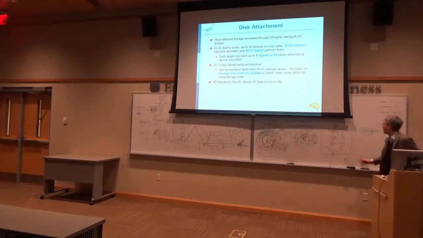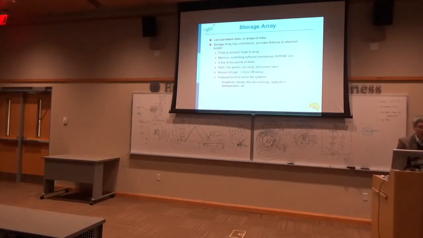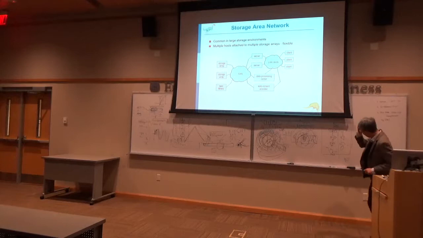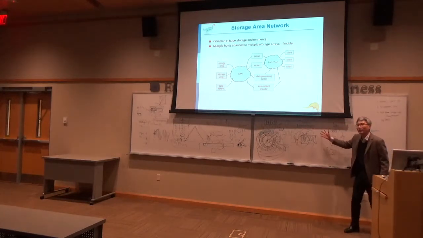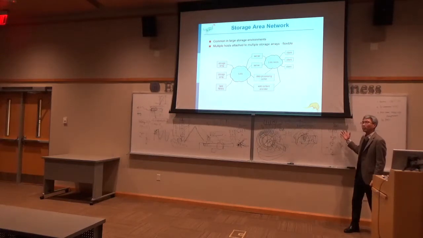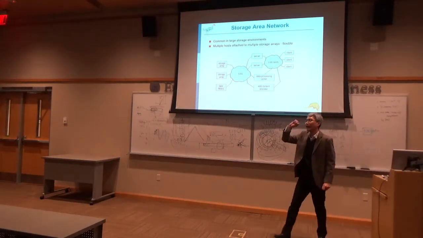Then by combining several disks in an array, it will eventually be a storage array. As the name implies, it is an array of disk storage, a mass storage. Mostly they focus on reliability and speed.